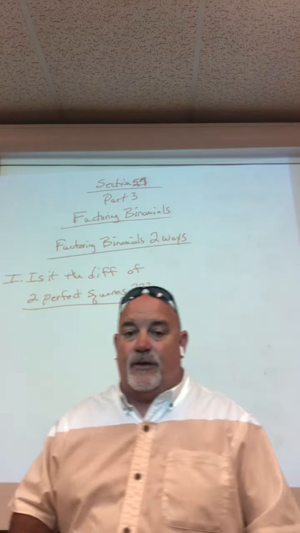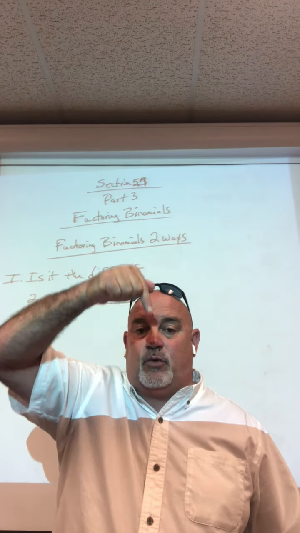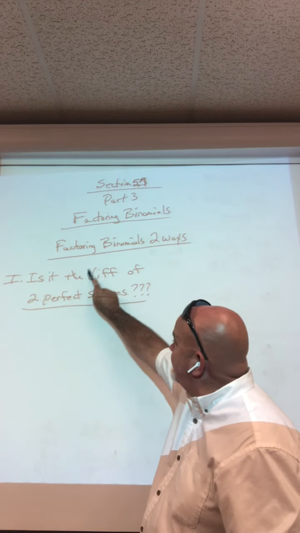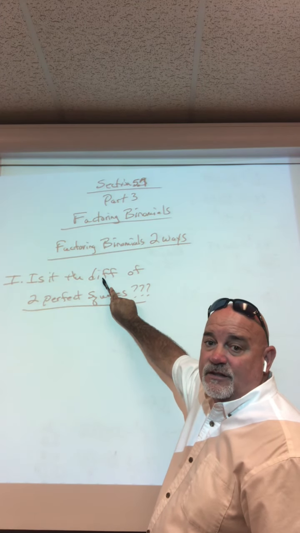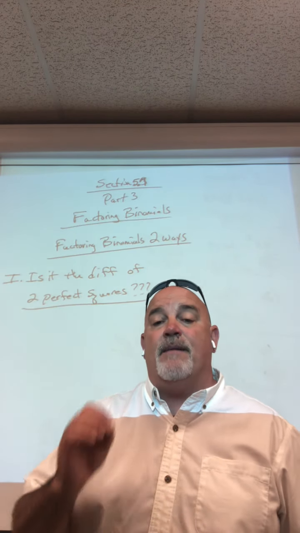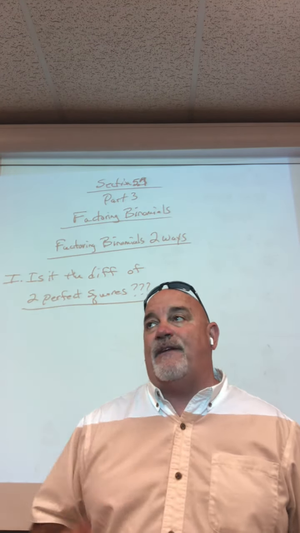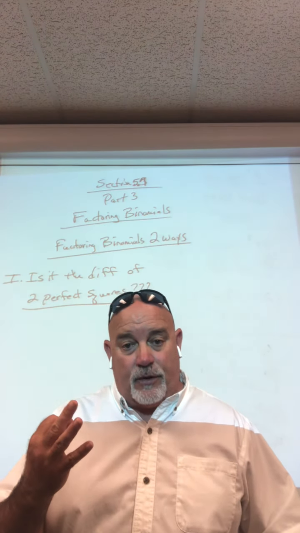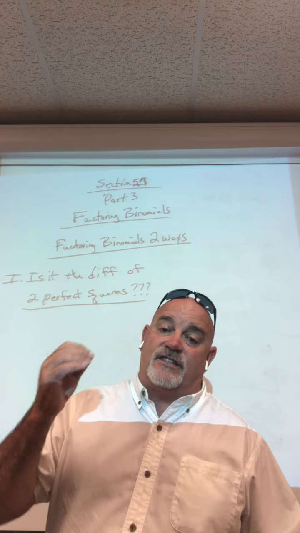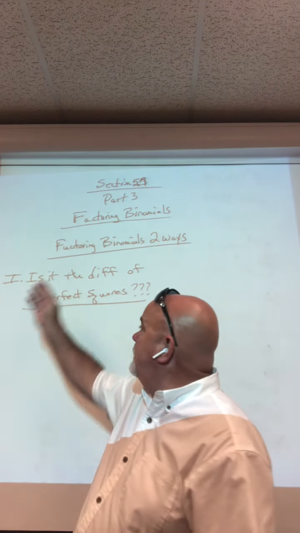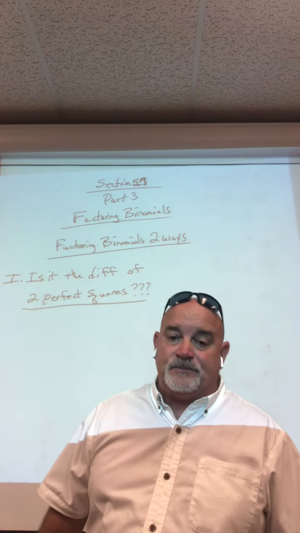Here's what makes it different: the sign in between those two perfect squares has to be the difference. In mathematics, what does the word difference mean? It means subtract. Like if I said, what is the difference between 9 and 6? It would be 3. Now, what if I said, what is the sum of 9 and 6? That would be 15. So the word difference means subtract.